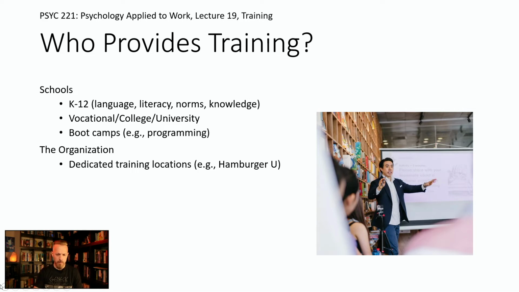So where they apply this depends. An organization like McDonald's would do their training on how to cook the fries on the job. But within an organization, sometimes it makes sense to have a dedicated training organization at a specific location too.